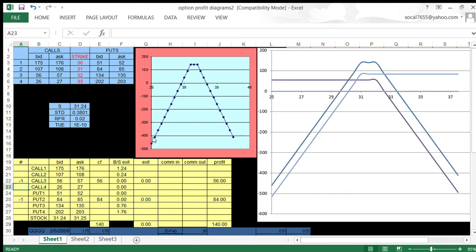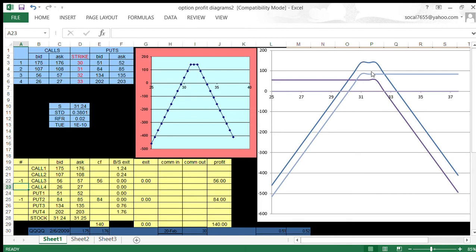Okay, and that gives us this net total profit diagram. Here you see it repeated over here. Here is the short put with the lower strike price. Here's the short call's profit diagram with the higher strike price, and you can piece them together and add vertically this and this to get the value of the net total.